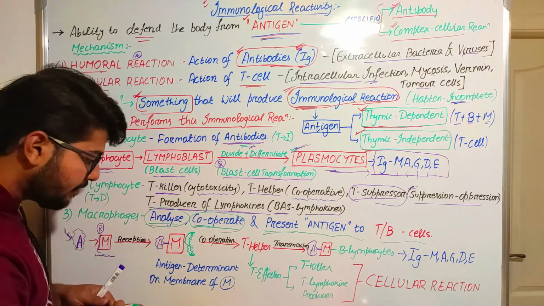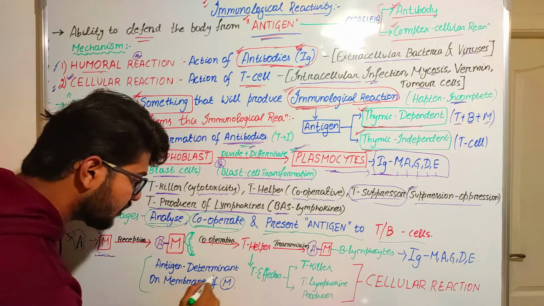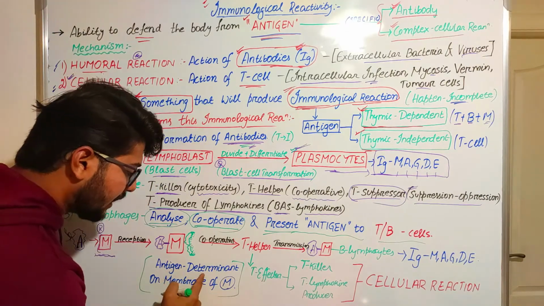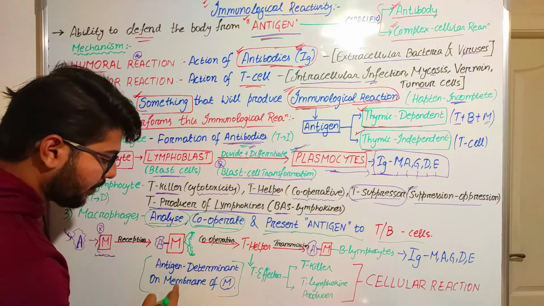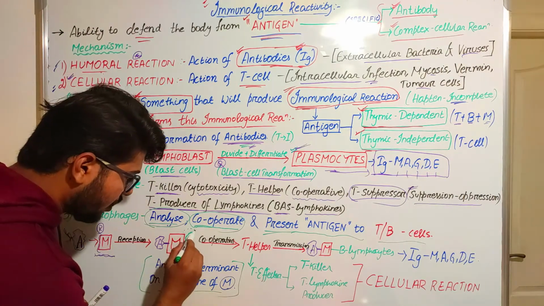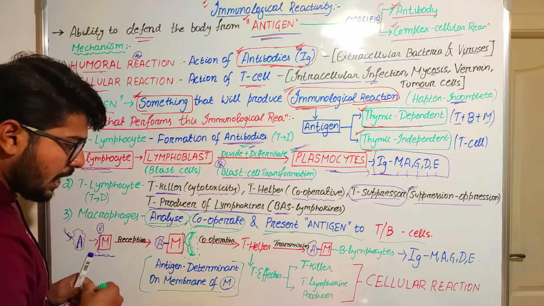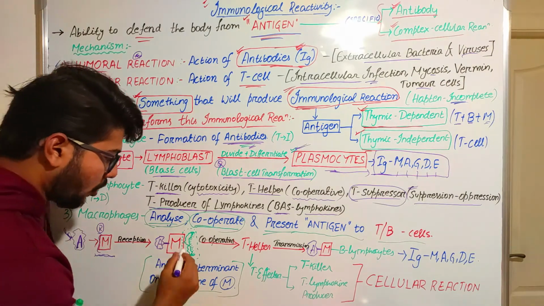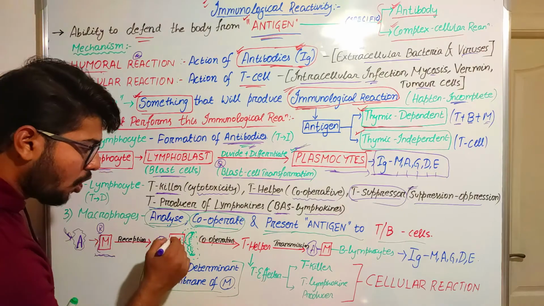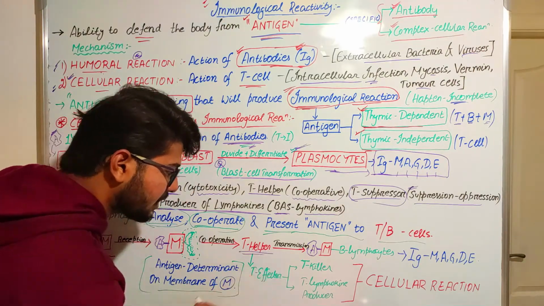And after receiving, what will happen? There will be a formation of the antigen determinant on the membrane of the macrophage. Why will this structure form? Because this structure will be known to the T helper cell.